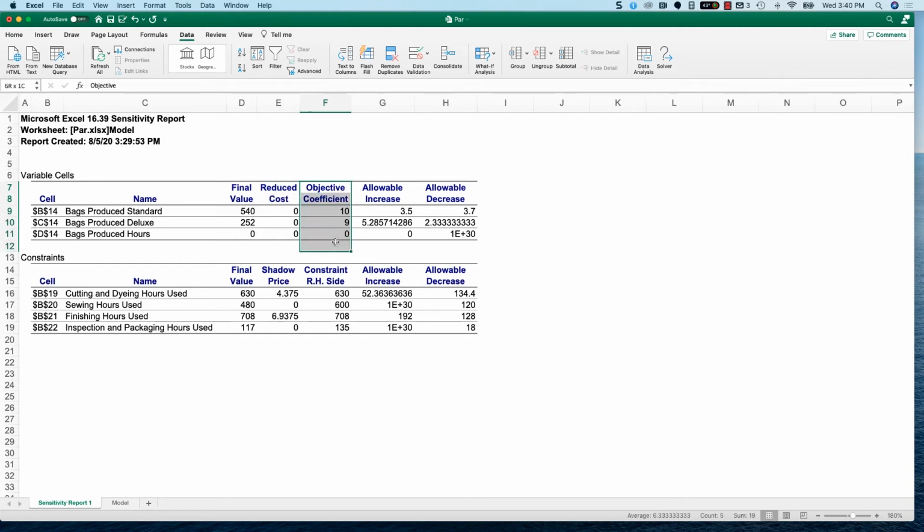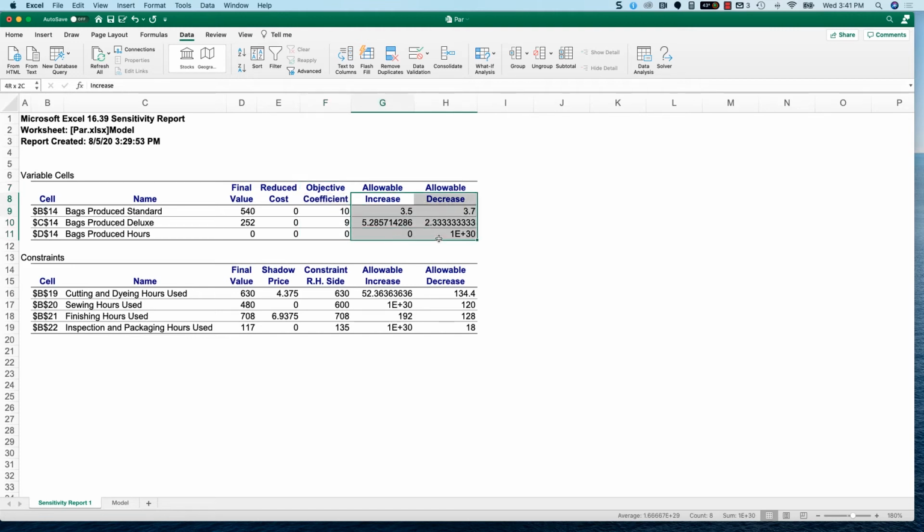The objective coefficients: as you go back to the formula, 10 times the number of standard bags plus 9 times the number of deluxe bags gets to be our profit. So these are just the coefficients of the objective function.